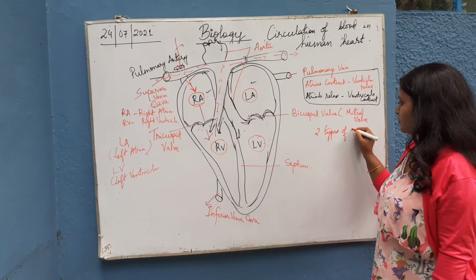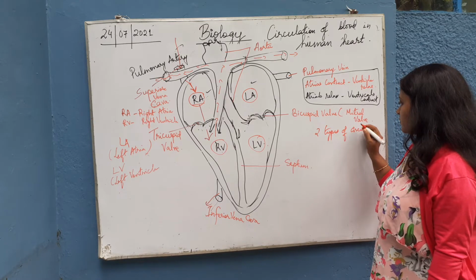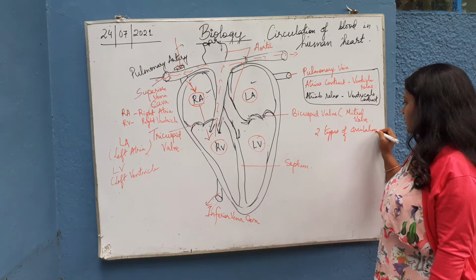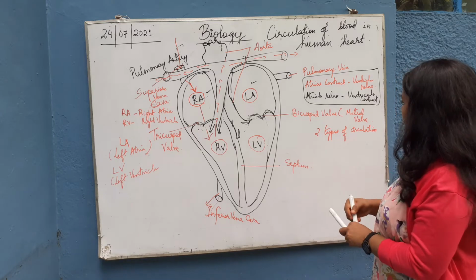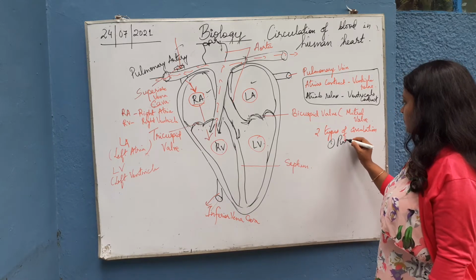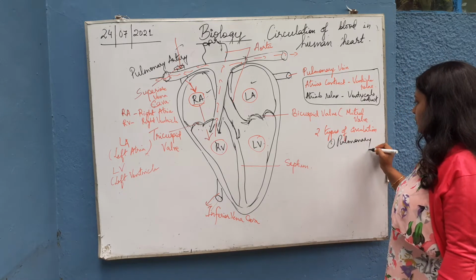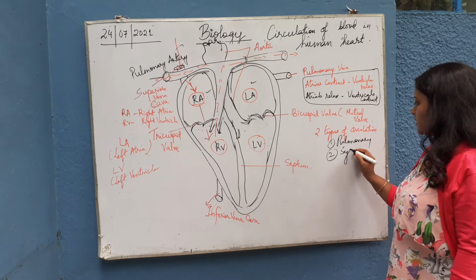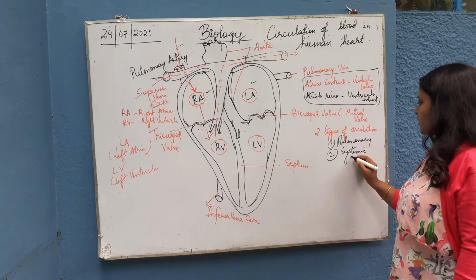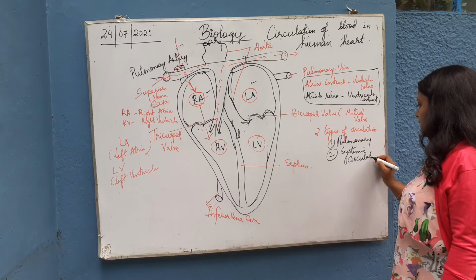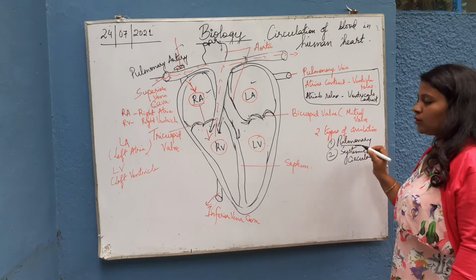that is pulmonary and systemic circulation. Pulmonary circulation means it is related to the lungs.